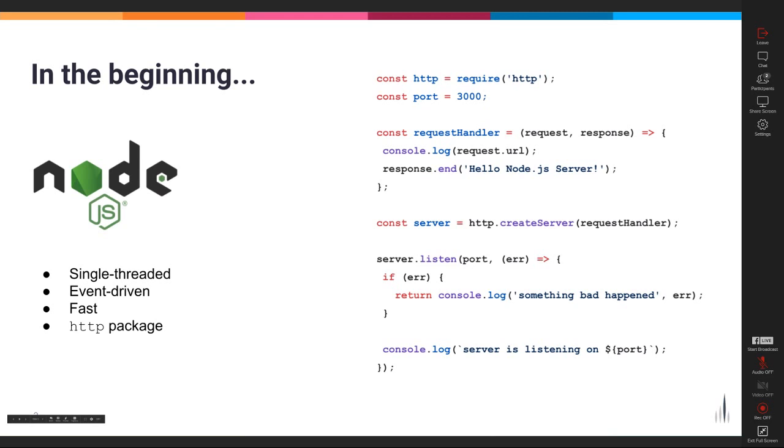Basically we're creating a request handler that's going to get run every time a request comes in, and then we create our server and pass it to that handler. And then we tell the server to listen to a port on the network. It's very simple, and it's very low level, which can be a little bit slower to develop with.